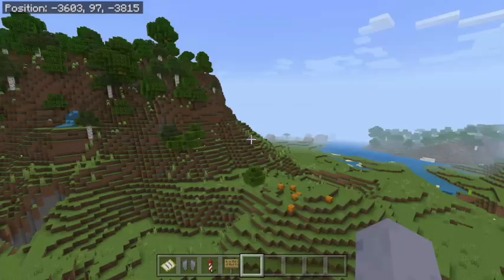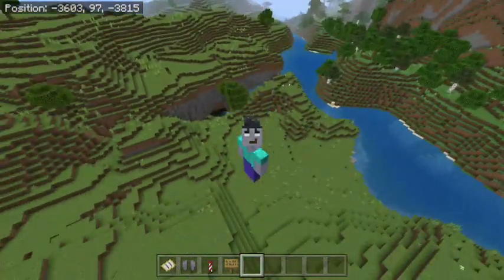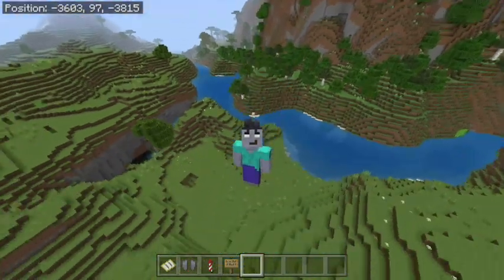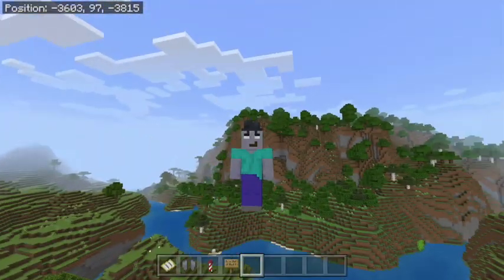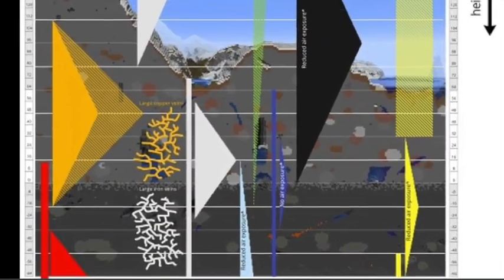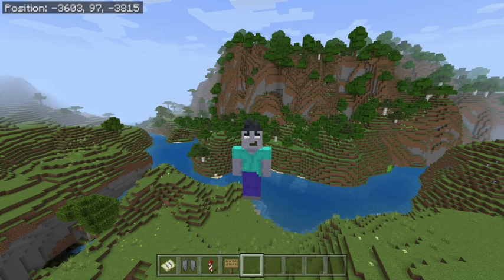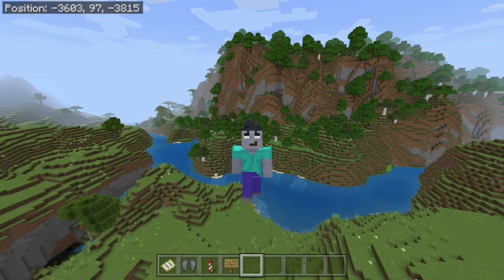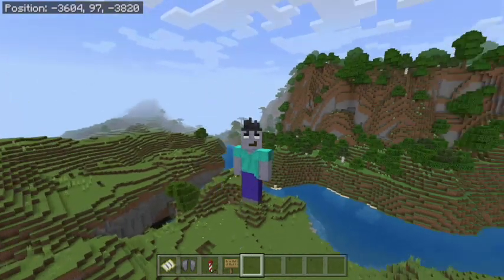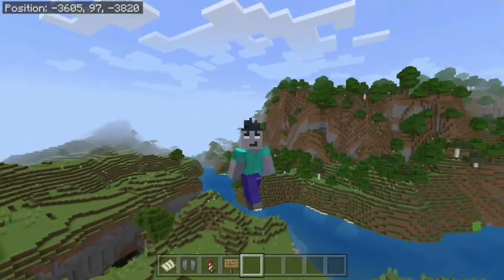Another thing to mention about iron ore is that iron ore veins spawn with tuff, those squiggly lines down there, and they will spawn from Y-8 to Y-58. So if you ever find iron ore next to tuff, I would suggest checking around because that could result in a lot of iron for you.